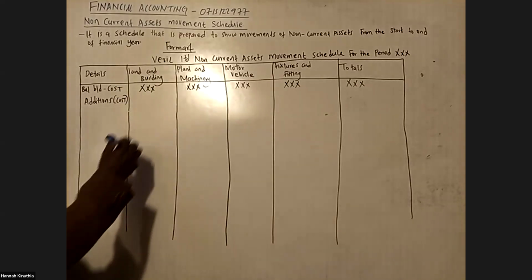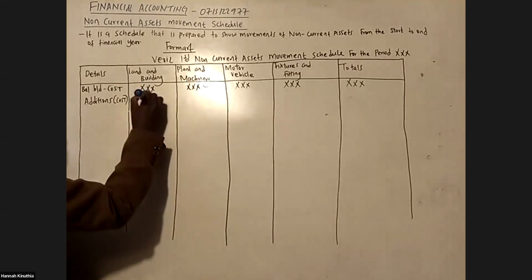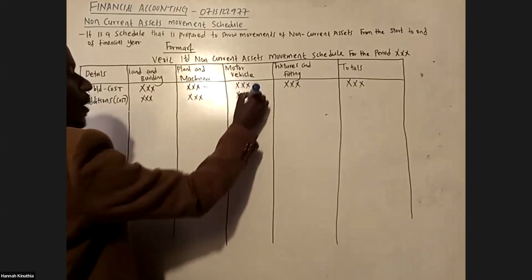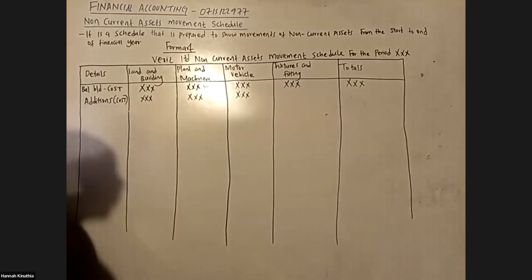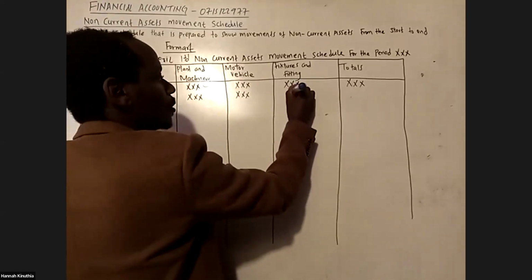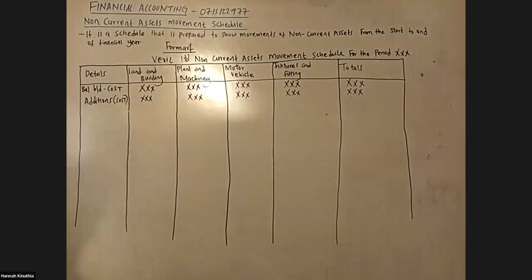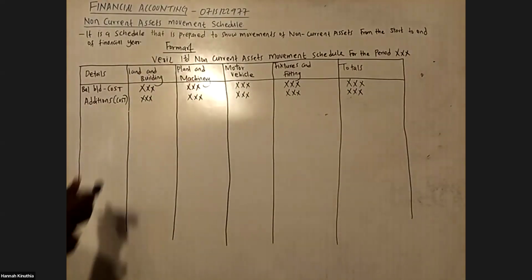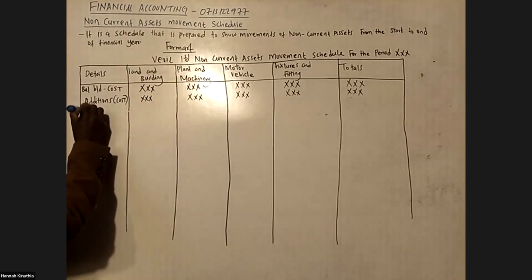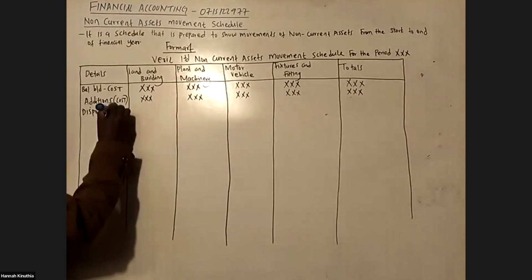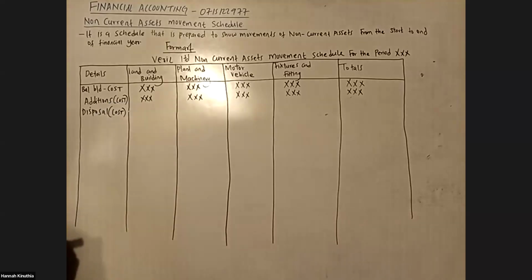For example, if during the year they purchased a new land, a new motor vehicle, a new item, you put the amount in cost. So those are additions. Then you can find that they did a disposal, they sold an asset. Disposal is also on cost.